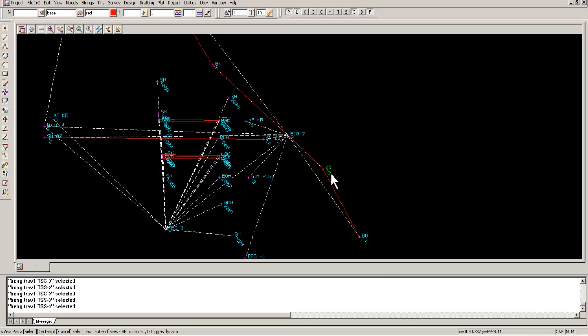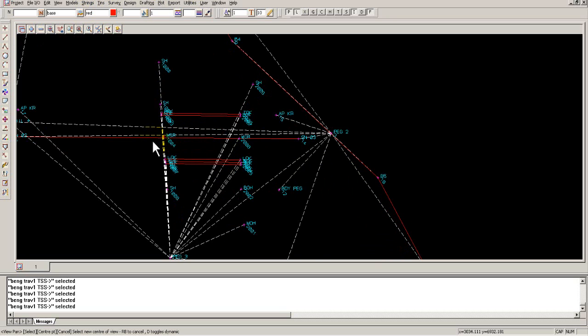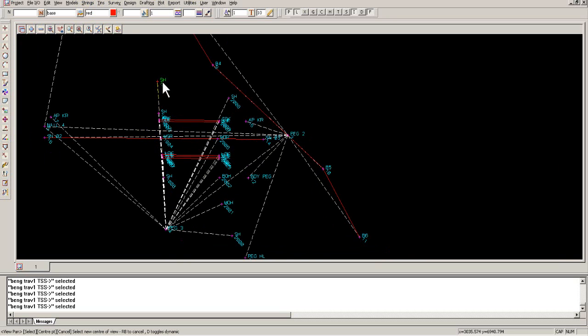Our pegging ties were done on face right and face left, and our topo shots just on face left. So the idea was to do two cross sections of this little piece of an existing bit of road that runs through here.